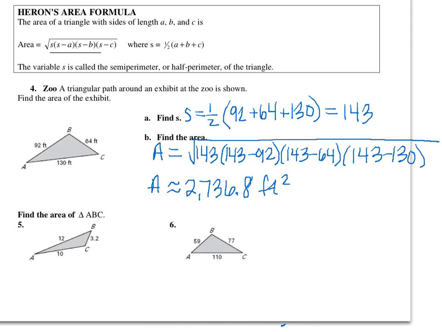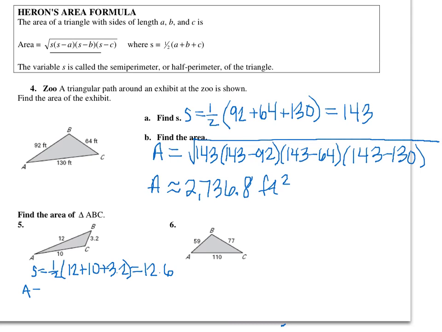Okay, so if you didn't get that, try and put it in your calculator again. Watch your parentheses. We'll do one more of these together, and then I'll let you do number 6 on your own. I'll give you the answer and make sure that you can do it. So we first have to find S for number 5. So S equals half times the sum of all the sides, so 12 plus 10 plus 3.2. So if you do that, put it in your calculator, you should get 12.6. Now we want to find our area, so we'll use our formula.